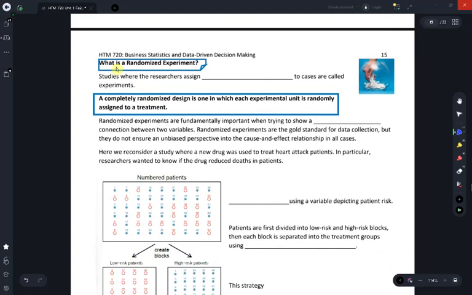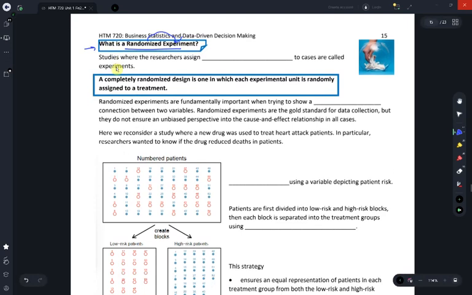All right, that takes us to what constitutes a randomized experiment. Our goal here is to start looking at how experiments can be designed in such a way that drawing causal conclusions would be valid at the end of the day.